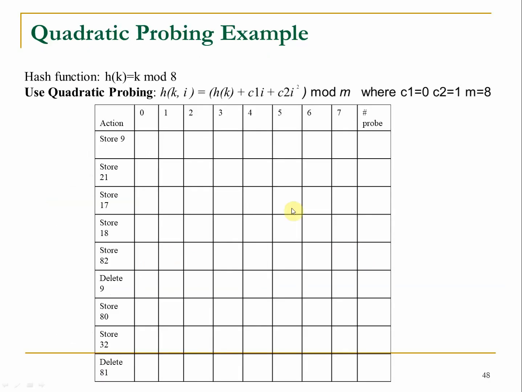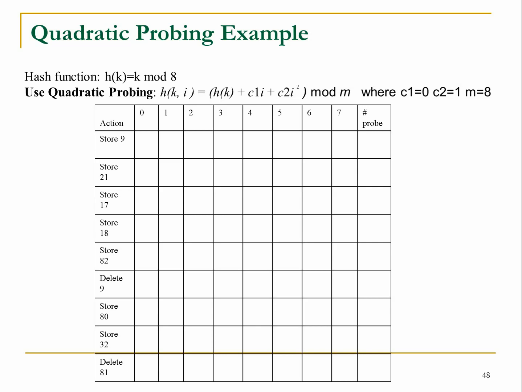At this time, we set C1 equal to 0 and C2 equal to 1. Therefore, the whole quadratic probing becomes h of k and i equals h of k plus i squared. Because C1 is 0, we don't need to care about that term anymore. C2 is 1, which indicates it is i squared itself.